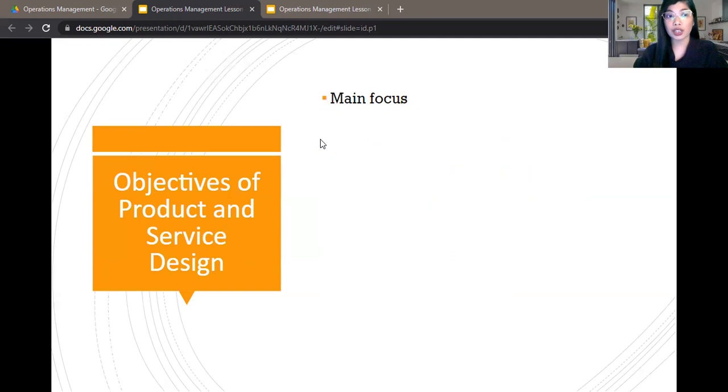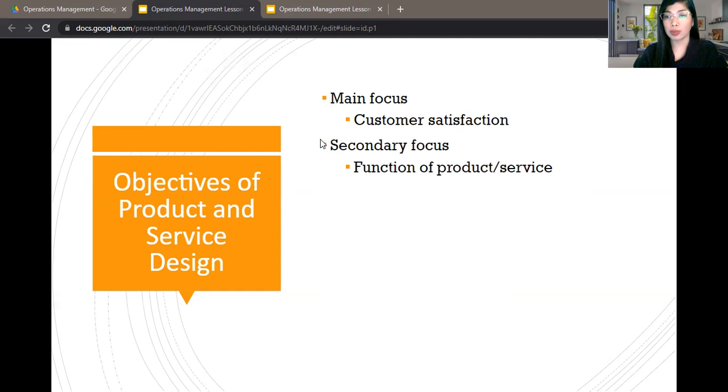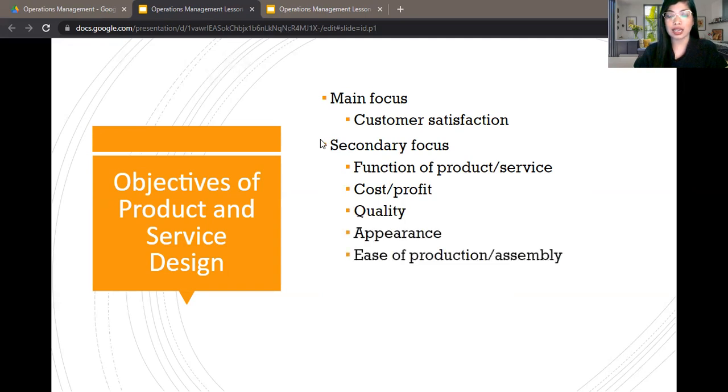The objectives of product and service design: the main focus, of course, is customer satisfaction. The secondary focus is the function of the product and service, the cost and profit, the quality, the appearance, the ease of production or assembly, and the ease of maintenance or service.